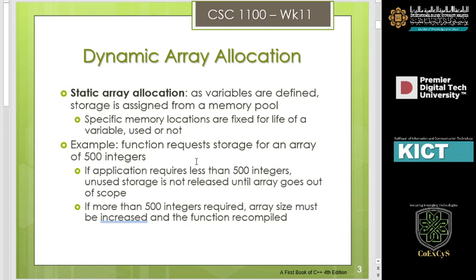If we have less, this is okay, but there's wastage because we have allocated memory that we don't use. If we have more variables that we need to allocate, we cannot allocate them during runtime, so we have to recompile the program, so that next time it runs, it knows to load more variables.